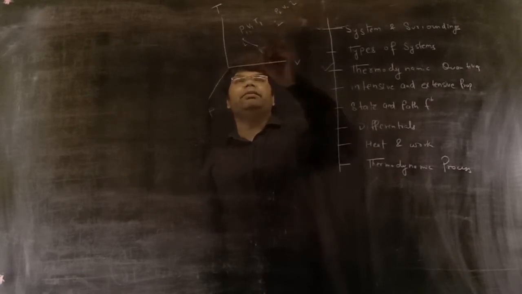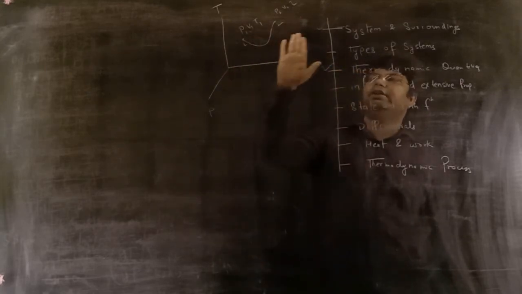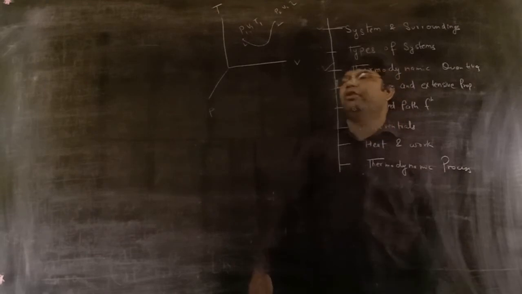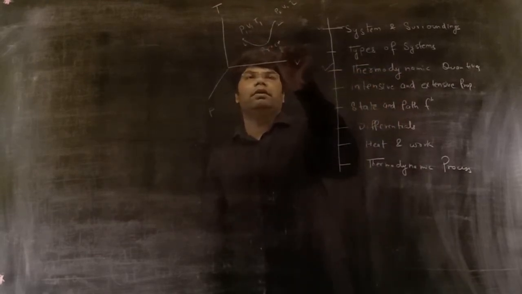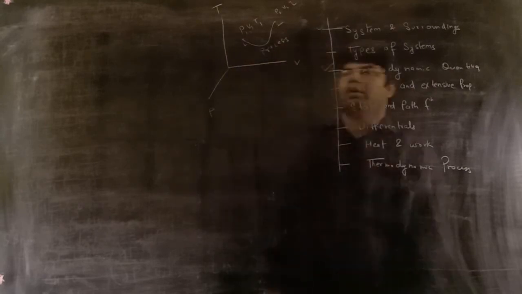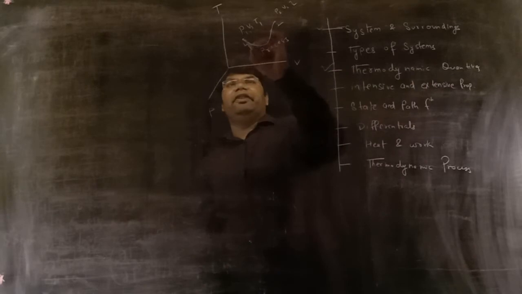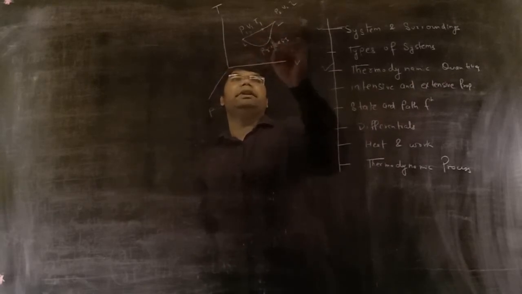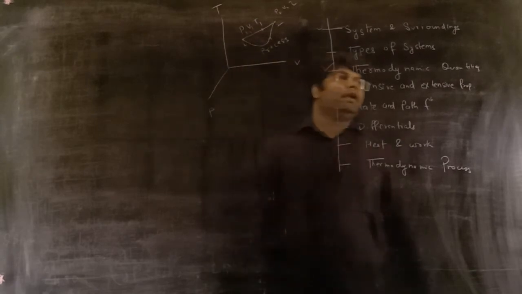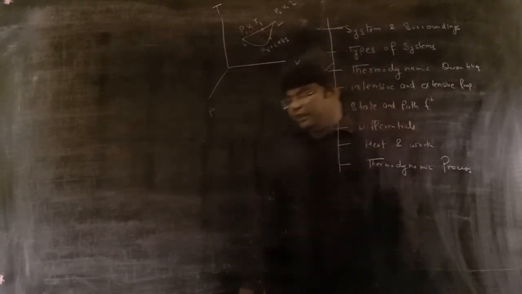So change from state 1 to state 2 is in thermodynamics called a process. There may be different paths in going from this state to this state. Now, what is your state function?